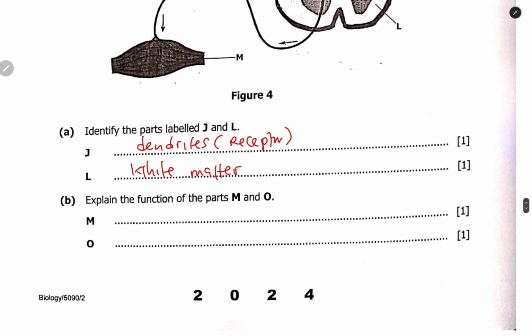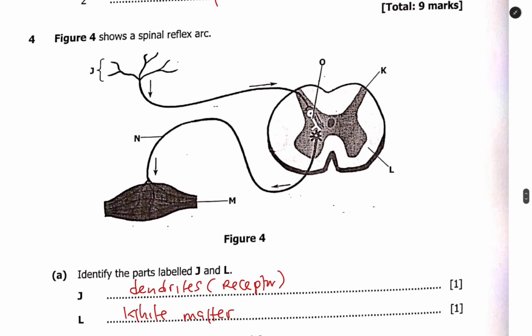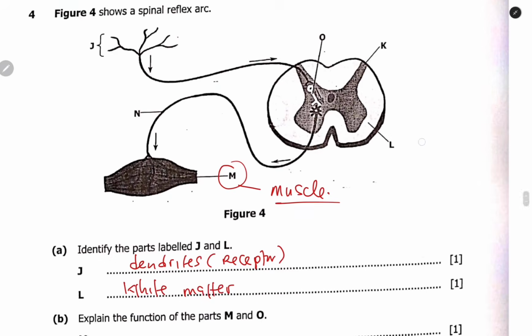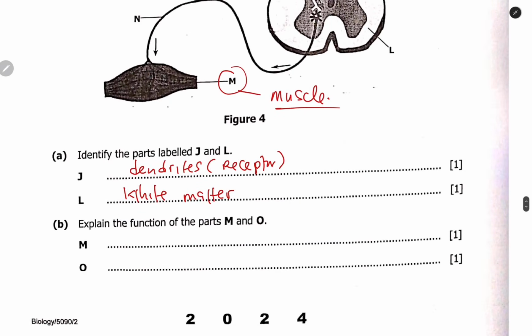Then explain the function of the parts labeled M and O. Where is the part M? The part M here. Now, before we give the function, you know that this is the muscle. Now, what is the function of the muscle? So the muscle is a receptor. Okay? I mean effector.